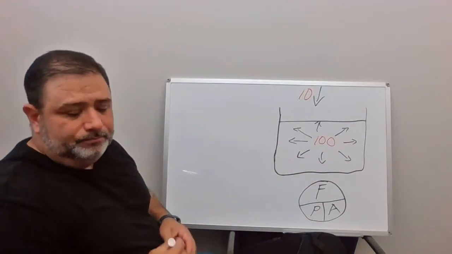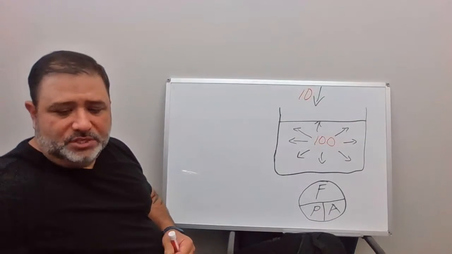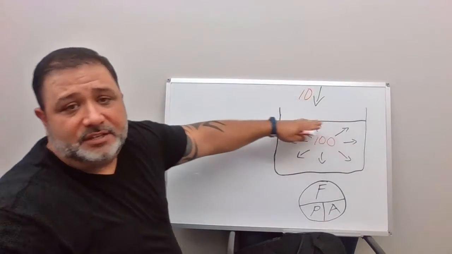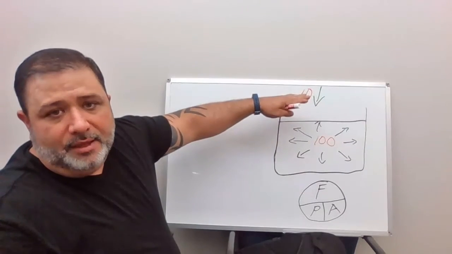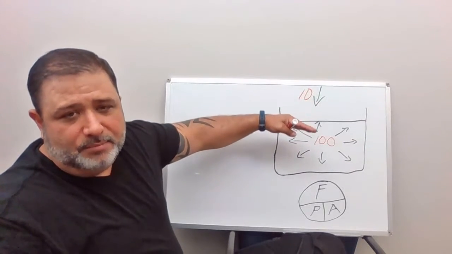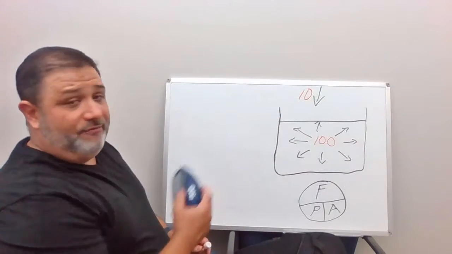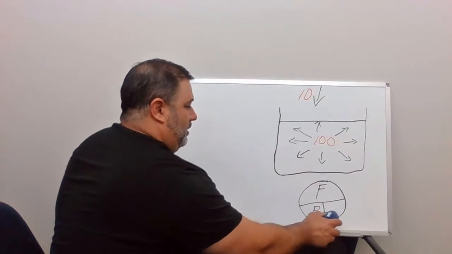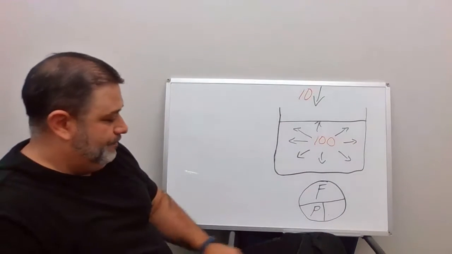Okay. Now, how do we go about this? So we have force pressing down onto the cylinder head, and we have the pressure that this force is causing by pushing down this fluid. So we have force, we have pressure. We don't have area yet.